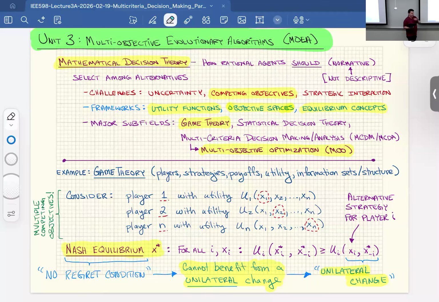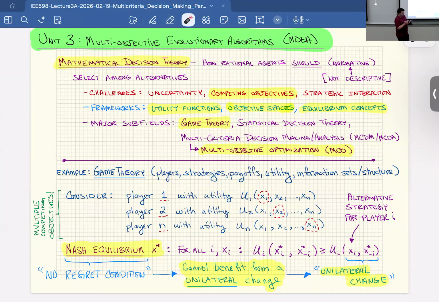Could you just repeat what the star above the Nash equilibrium means again? Well, this is the notation I will use to indicate that this is a Nash equilibrium. So if it has a star, that means it's a Nash. And in the inequality, this over here means that every other player, that's the minus i, is playing their component of the Nash.